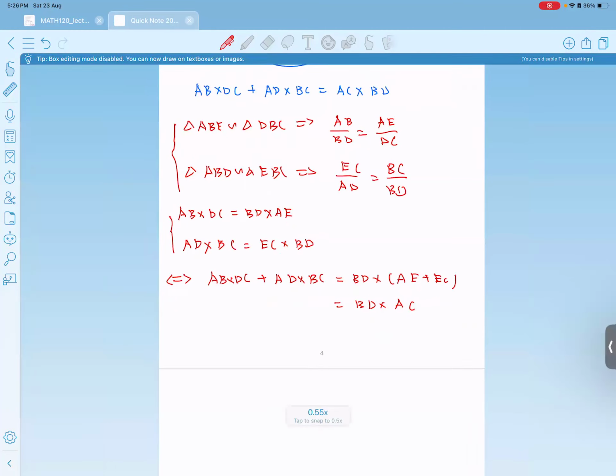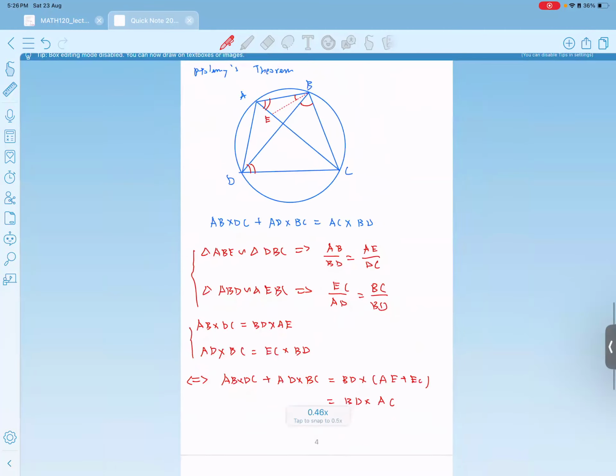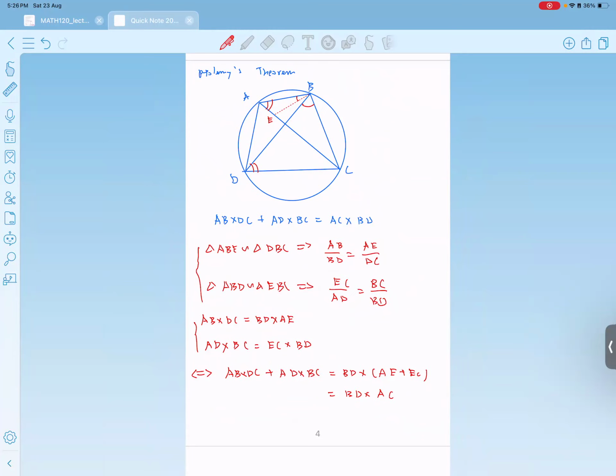And then we're done. Can't see the diagram. Sorry. So ABD is similar to EBC. Okay, thanks.